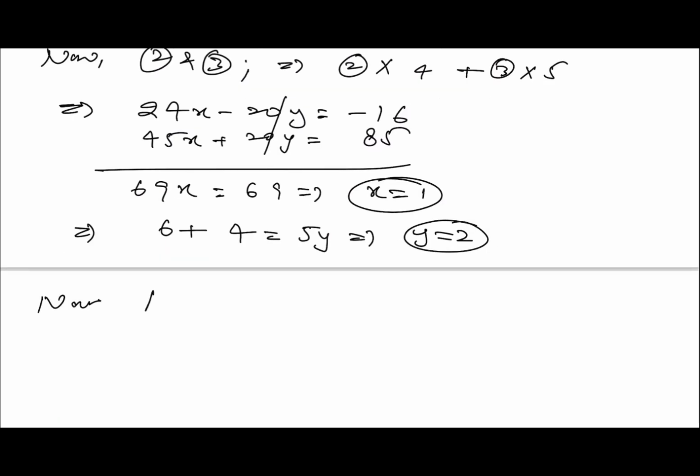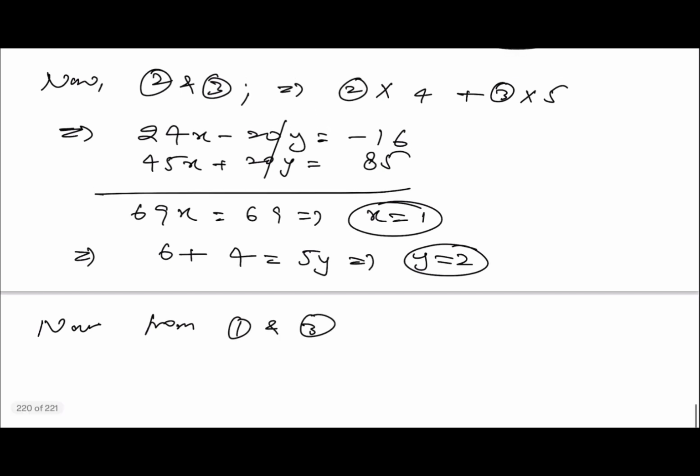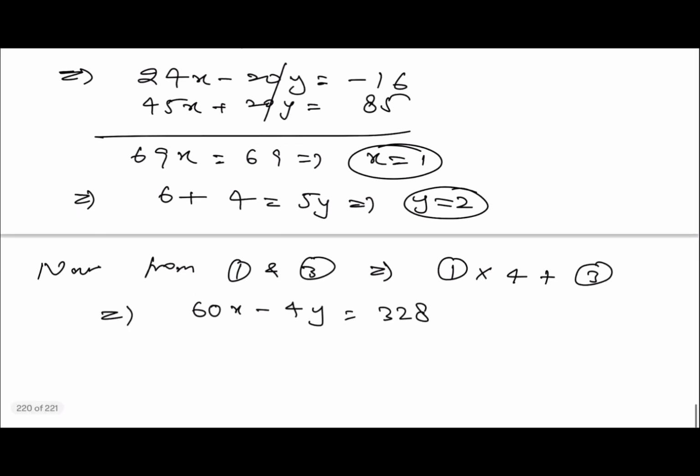Now from 1 and 3, multiply equation 1 by 4 and add third, right? So from this we will get 60x minus 4y is equal to 328, 9x plus 4y is equal to 17.